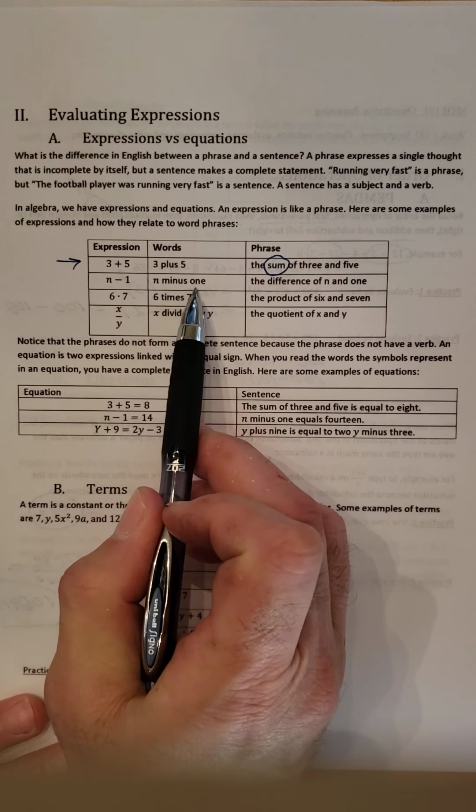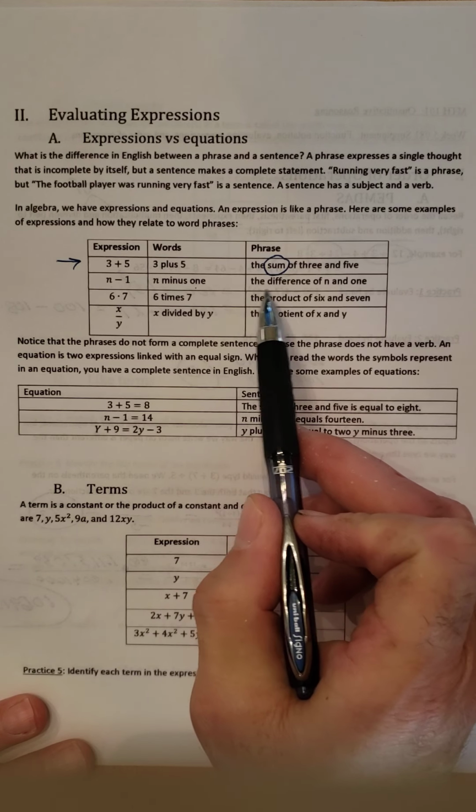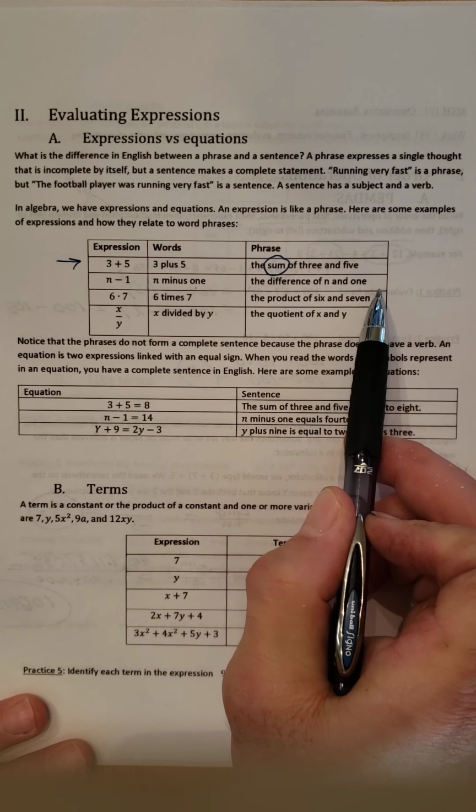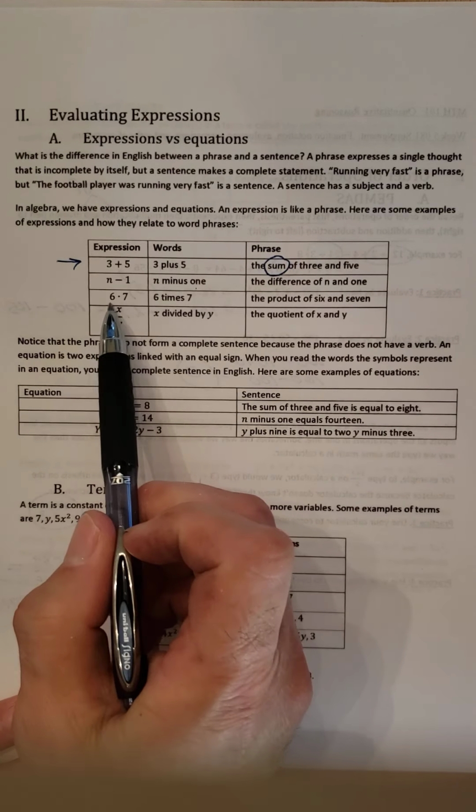N minus 1, that's the word difference, the difference of n and 1. Difference means subtraction. 6 times 7 would be the product of 6 and 7. Product means multiplication. X divided by y is the quotient of x and y. So the quotient means division.